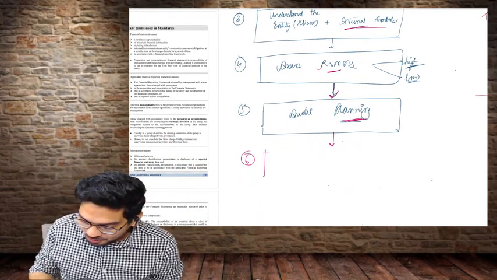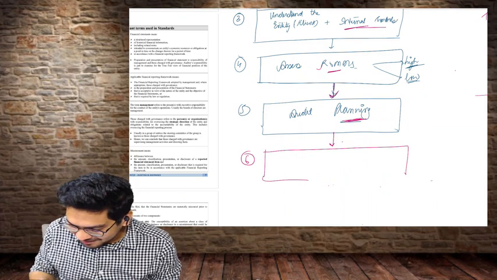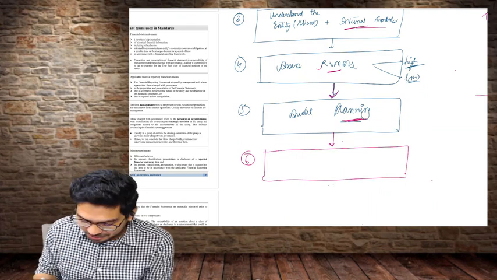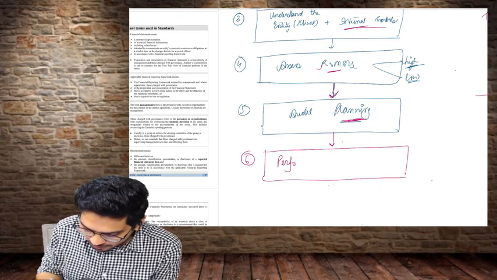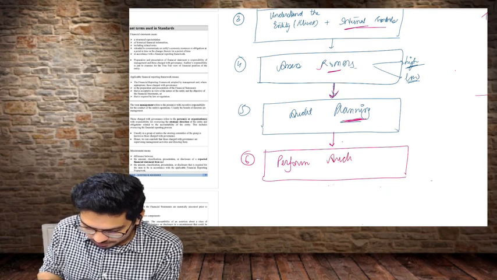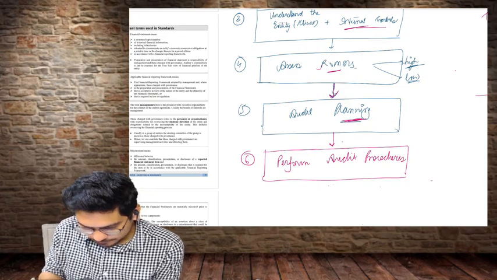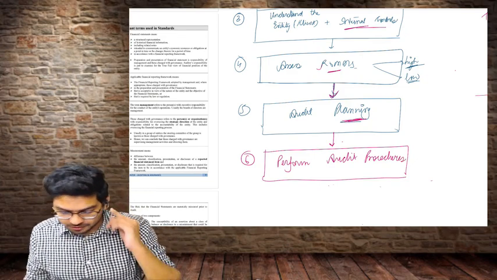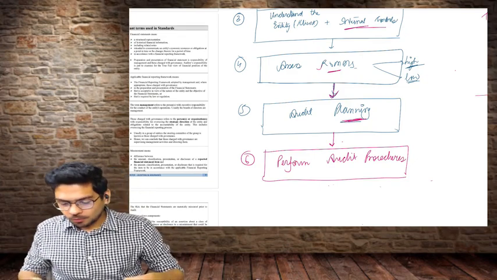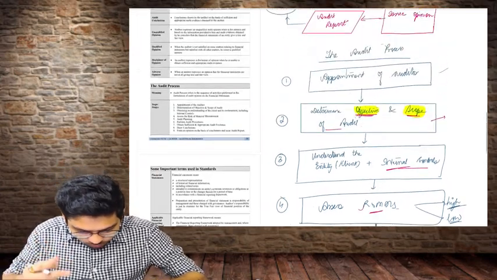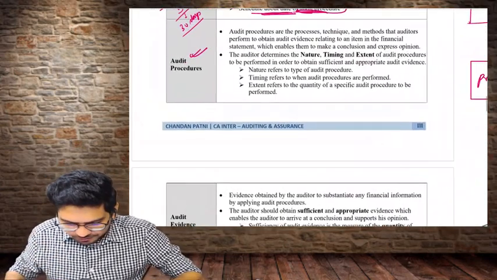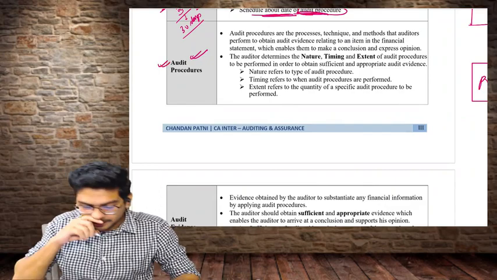All right, so after planning is done, then comes the main work. Next is perform audit procedures. Now what do you mean by audit procedures? Let us understand this term. We have the topic audit procedure here.